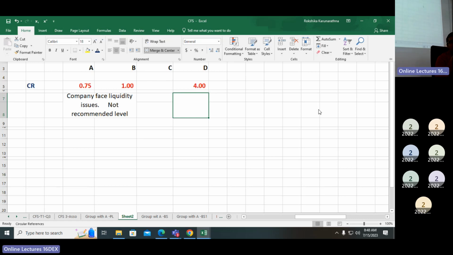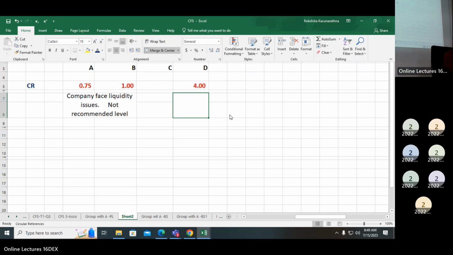So a very high current ratio doesn't mean a good strategy for a business. You are unnecessarily investing money in current asset, which will not give much return. Right? So for the current ratio, you should have a balance. You should keep current asset that is adequate to settle current liability to run the business smoothly.